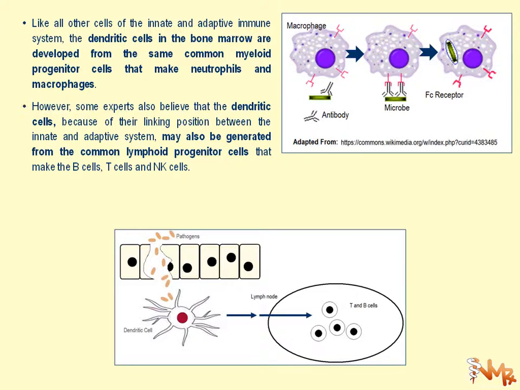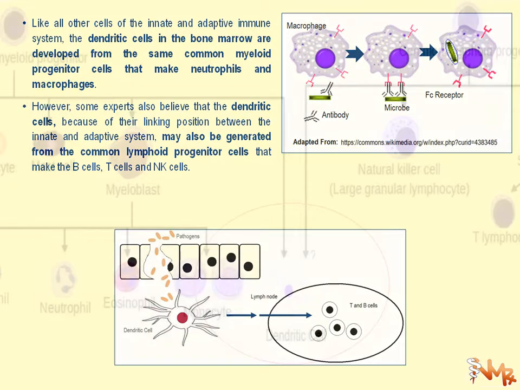However, some experts also believe that dendritic cells, because of their linking position between innate and adaptive system, may also be generated from the common lymphoid progenitor cells that make the B cells, T cells, and natural killer cells. So, to summarize, the origin of the dendritic cells is questionable.